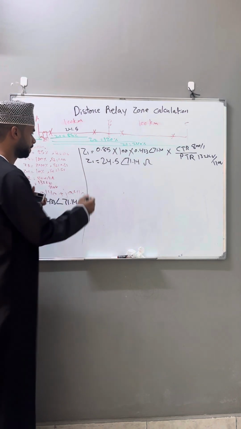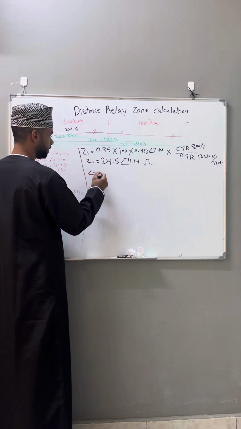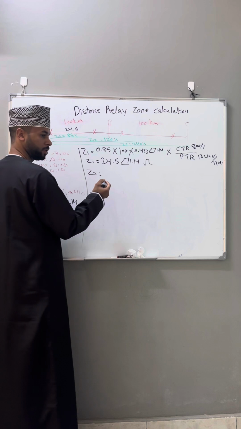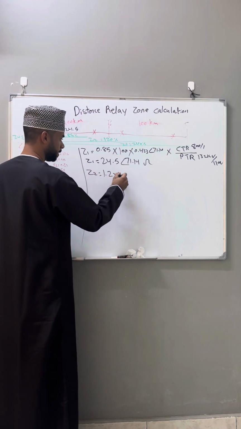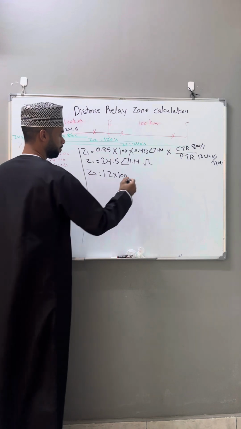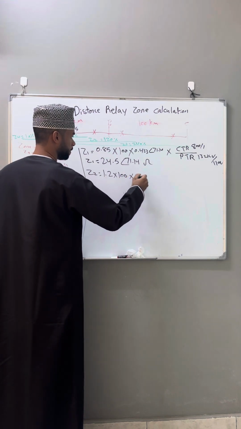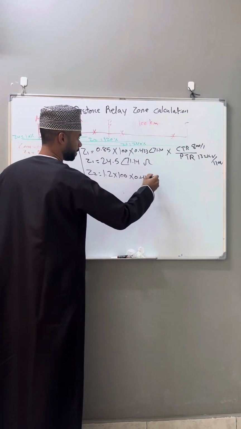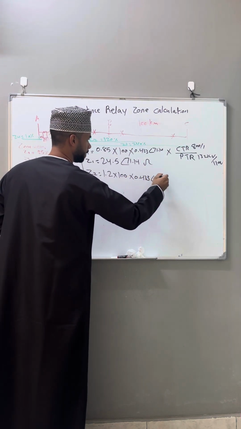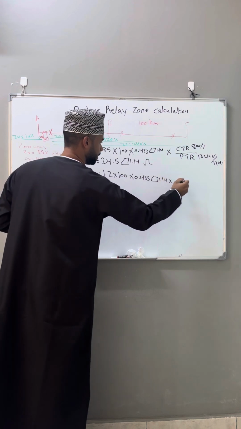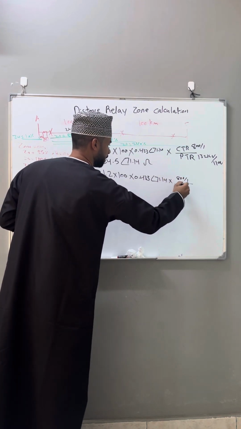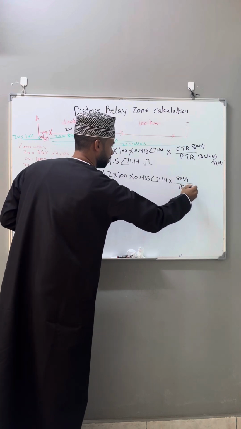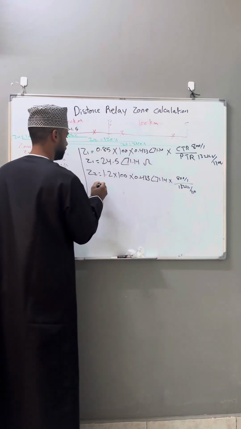Same thing for zone 2. It protects 120%, so 1.2 multiplied by the 100 line length, multiplied by 0.433 with angle 71.14, multiplied by the CT and VT ratio, 800 by 1 and 132 kV by 110 volt.